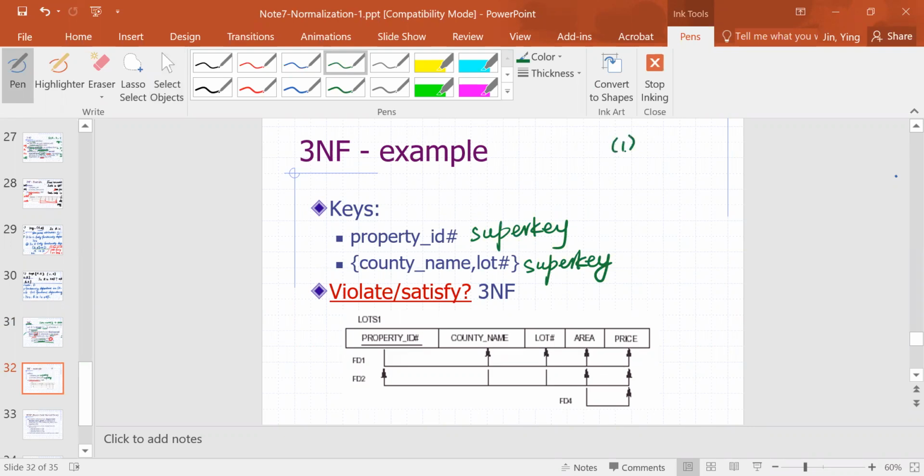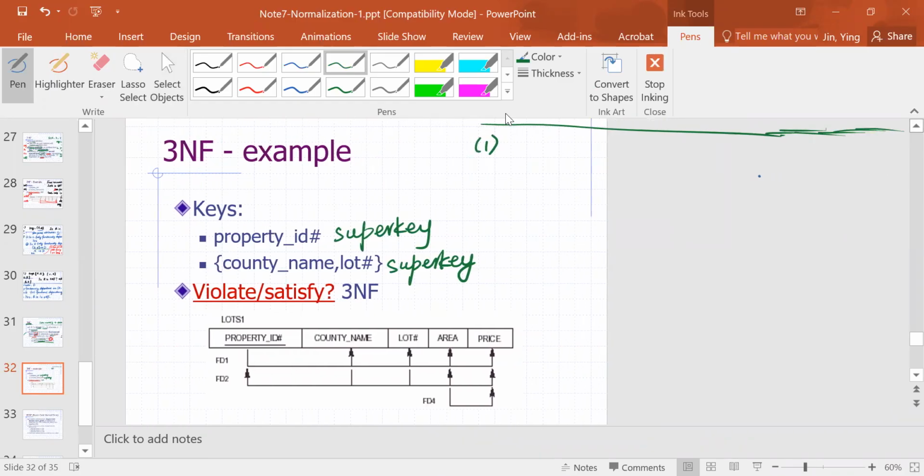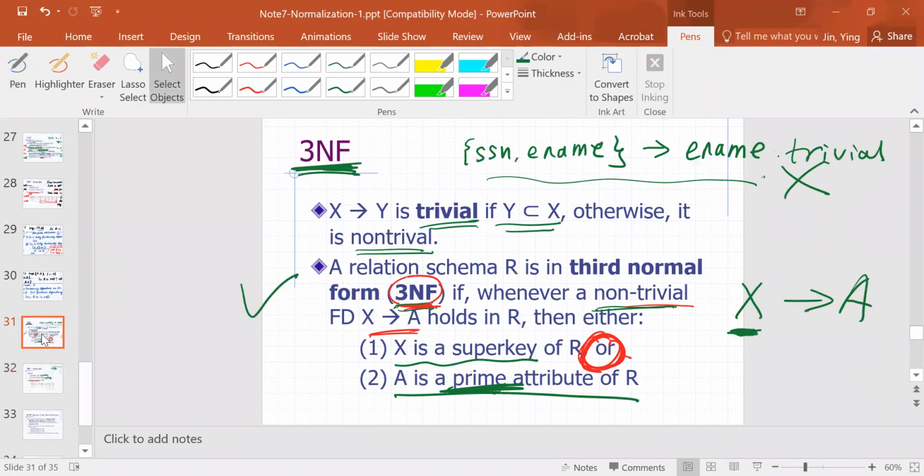For the first functional dependency, FD1 here, I want to see if the left-hand side is a super key or not.